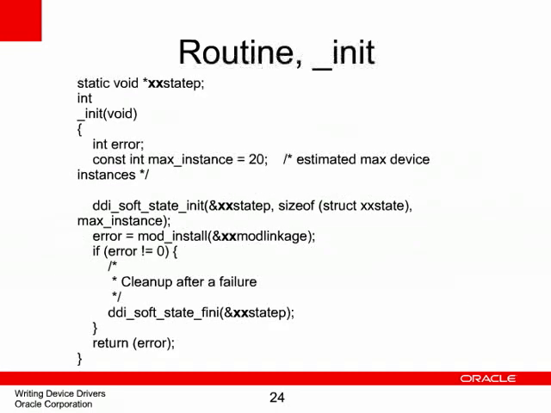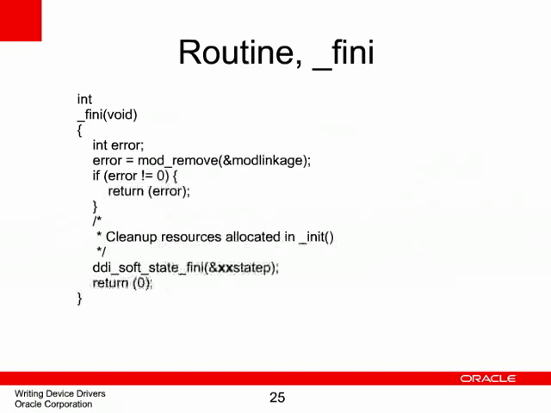The only thing I'll mention about the init routine, this particular one doesn't do much, but whatever you do in your init routine, you must undo in your fini routine. There's also a routine that provides the information about this specific driver back to the kernel, and it's a pretty simple little routine.